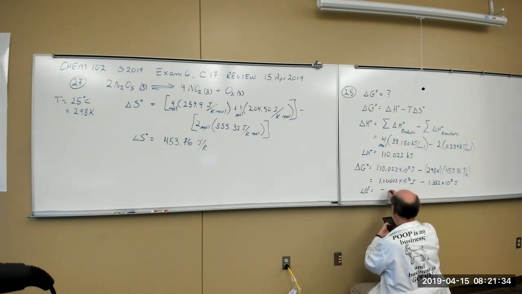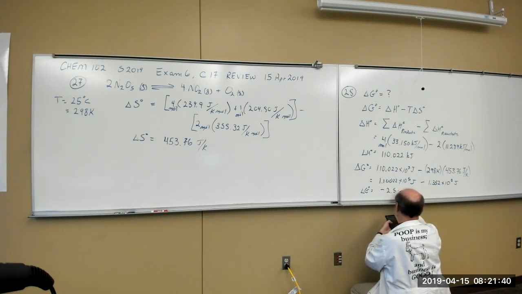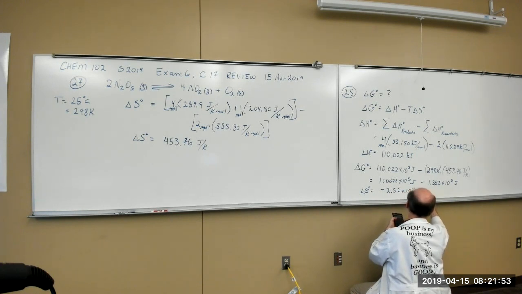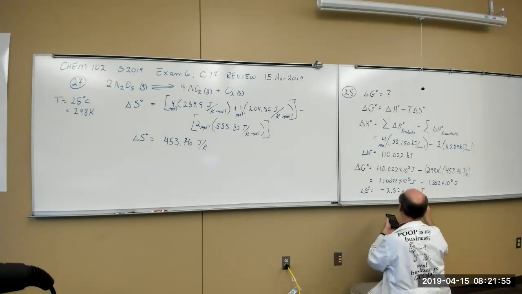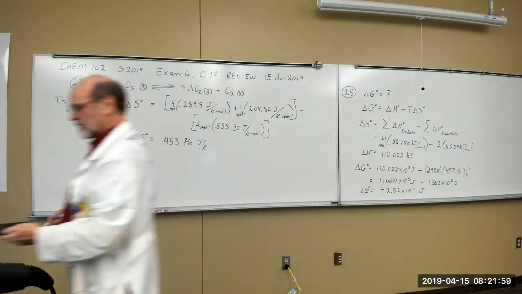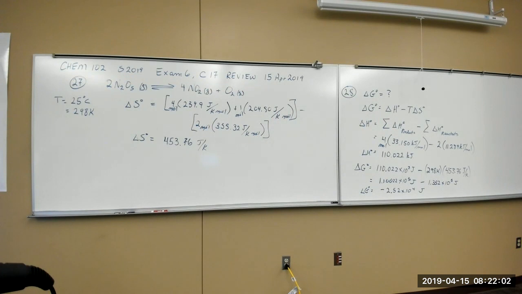I get minus 2.52 times 10 to the 4th joules. Let's see if that's the same as here.